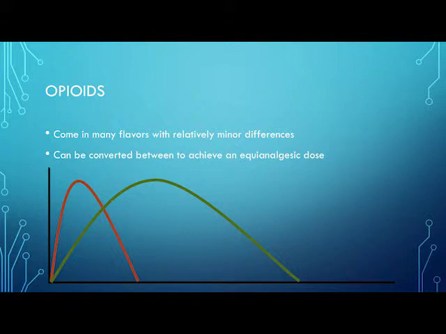The difference is that you give something IV, they feel it right away. There's a much more rapid onset. You achieve that peak sooner, but it also doesn't last so long. You give something enterally, it takes a lot longer to get to that peak, but the duration is more sustained as well.